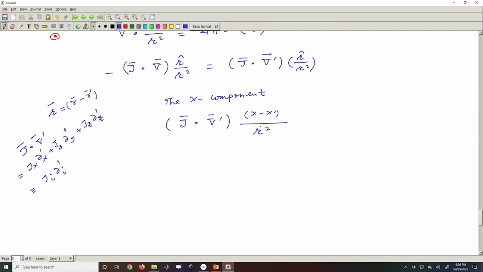This is the operator that is going to operate over the entire stuff.